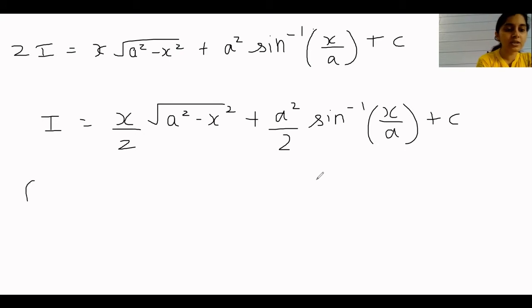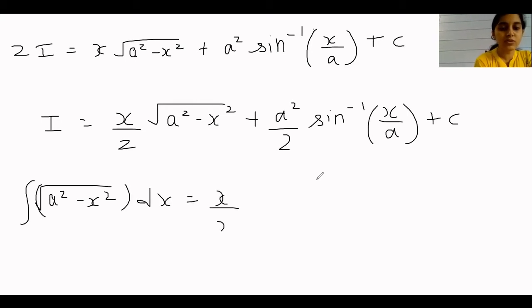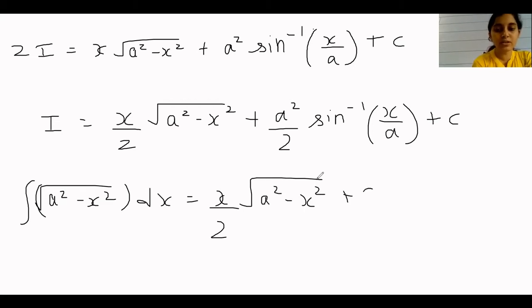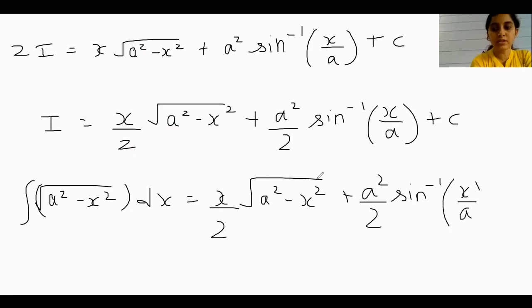So I, the integration of root of a square minus x square dx, is equal to x upon 2 root of a square minus x square plus a square upon 2 sine inverse x upon a plus c.